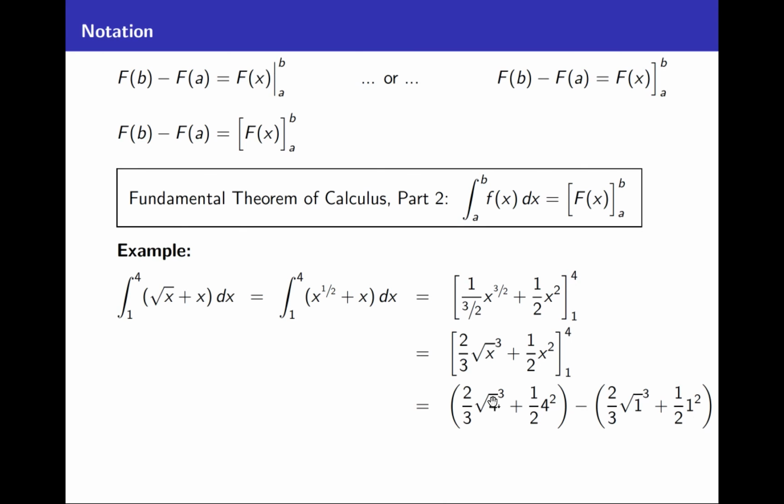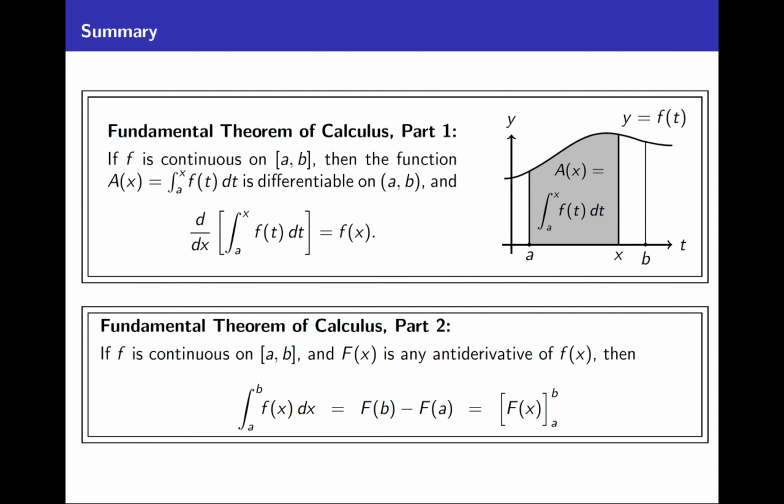Square root of 4 is 2, and that cubed is 8, times 2 is 16. So working through this, we get 16 over 3 plus 8 minus 2/3 plus 1/2. And that turns out to be 73 over 6. So we pretty quickly were able to come up with the value for this definite integral using the fundamental theorem of calculus, part 2.